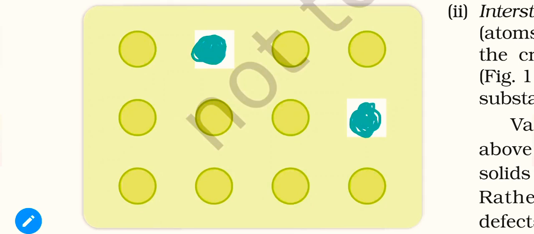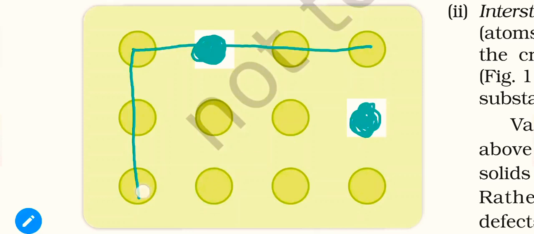Now we have 4 particles in one row and 3 rows, so in total we have 12 particles. But if some of the particles, either during the crystallization process or due to heating the crystal, lose their positions, they create empty spaces at their actual locations. That means they will create vacancies.